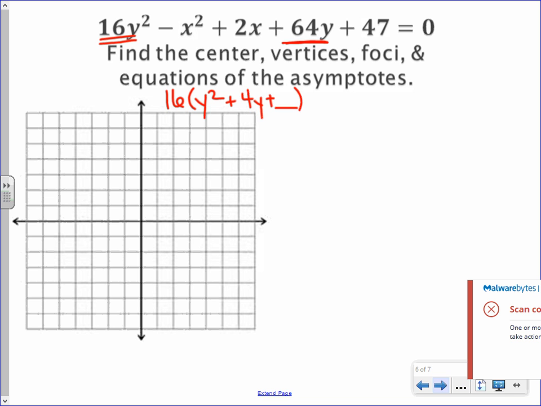Now, for my x squared, our coefficient is still not positive 1. It's negative 1. So we do have to factor out a negative 1 from our x squared, which means we also have to factor a negative 1 from the 2x.